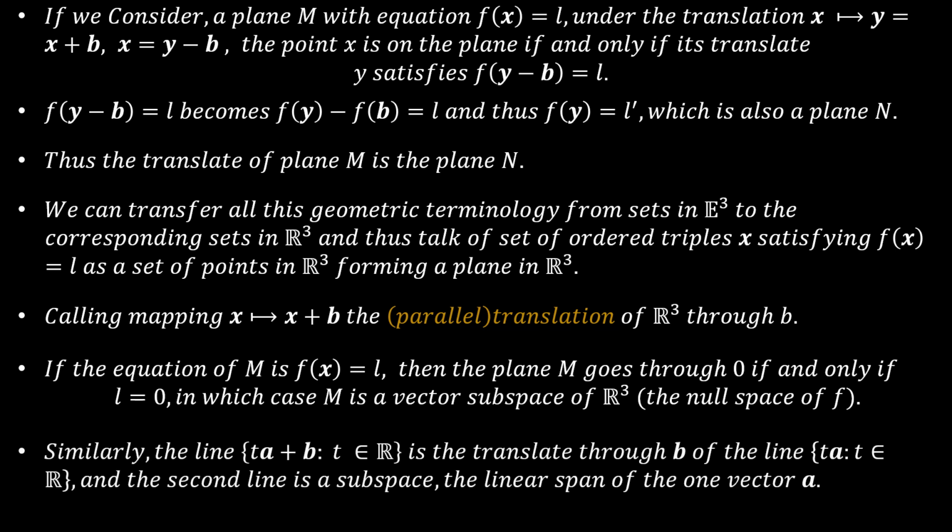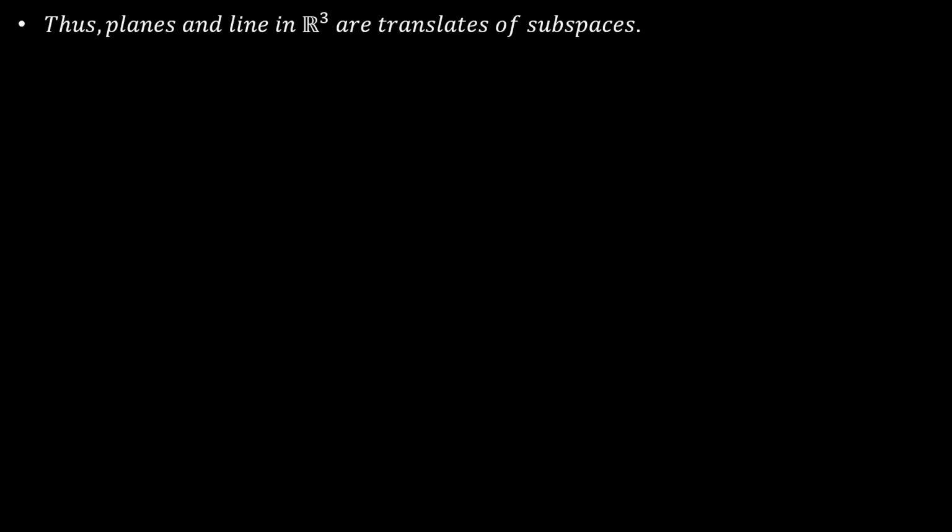For example, the line tA plus b, where t is a real number, is the translate through b of the line tA, and the second line is a subspace, the linear span of one vector A. So the line that passes through 0 is definitely a subspace, and that is just a linear span, which is a linear combination of the base vector A. What we've come to know is that planes and lines in the Cartesian vector space are translates of subspaces.